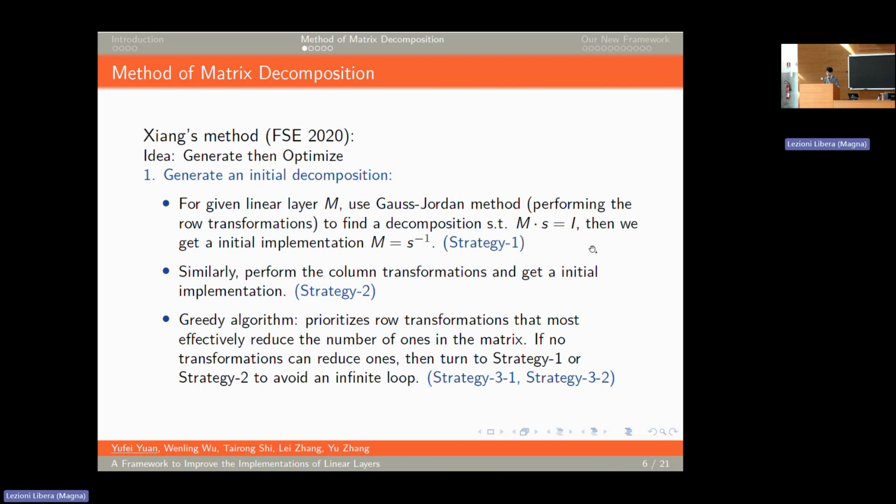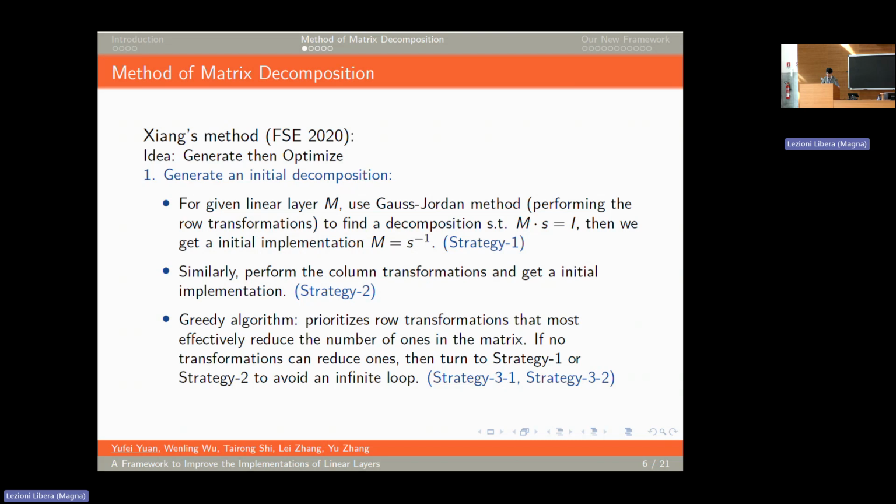So our idea is to generate an initial decomposition first and optimize it with some properties. So first, for generating an initial decomposition, the column transformation as well.